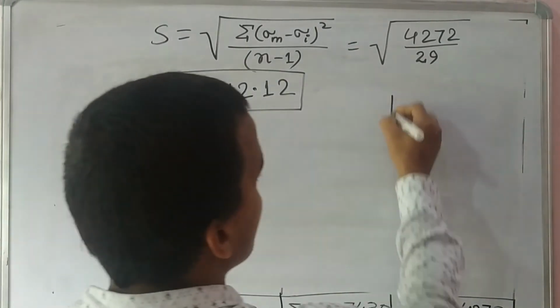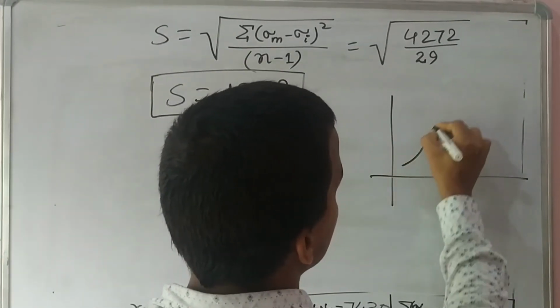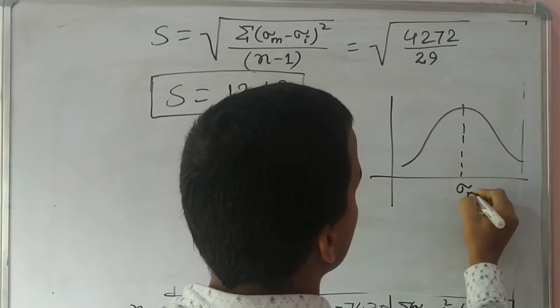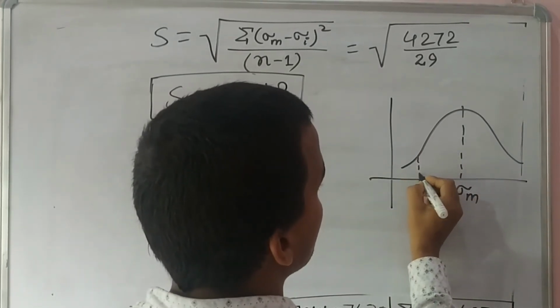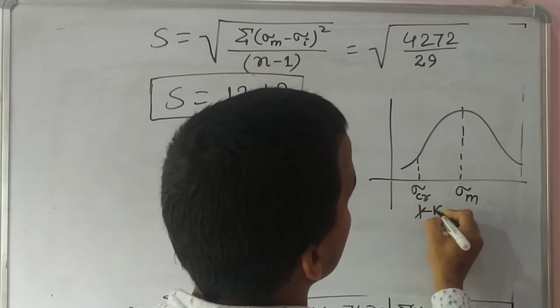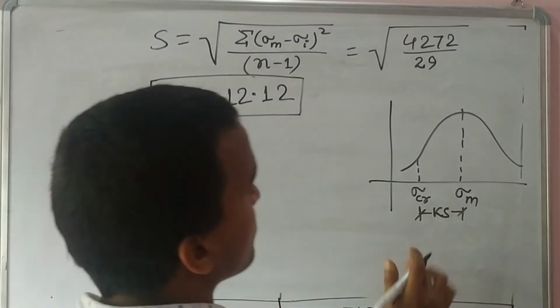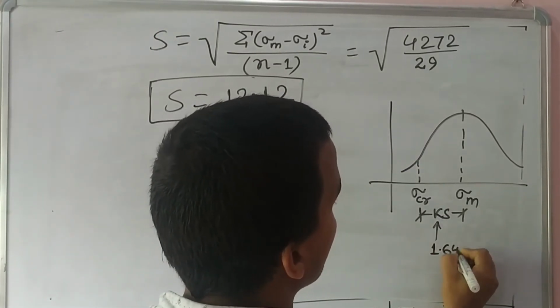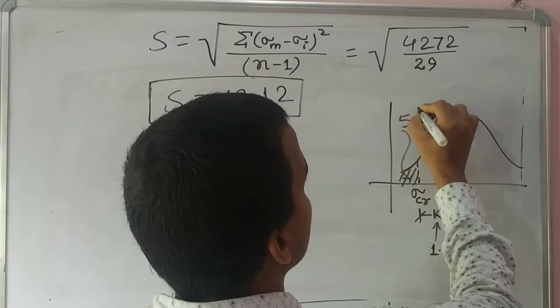And from the normal distribution curve we know that if this is the value of mean strength sigma M, and if this is the value of characteristic strength sigma CR, then the gap between the two is equal to Ks, where K is a constant which is equal to 1.645 for 5% area.